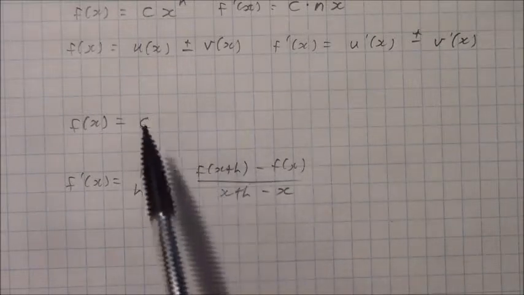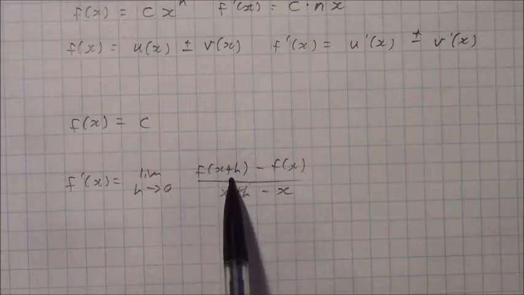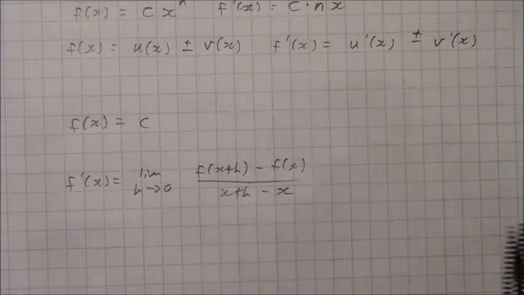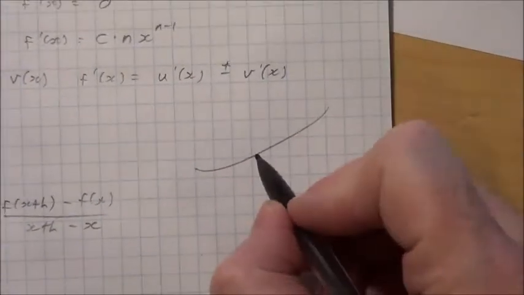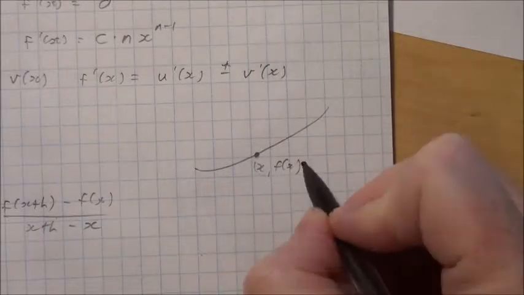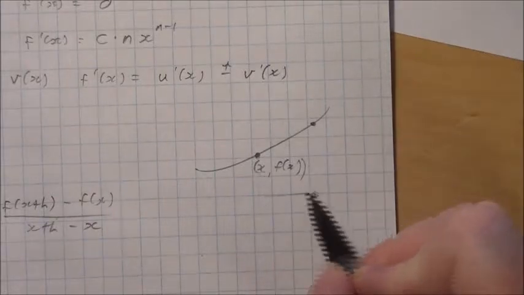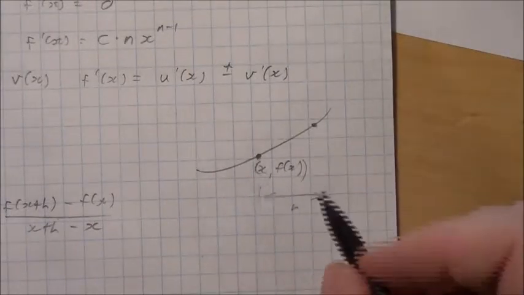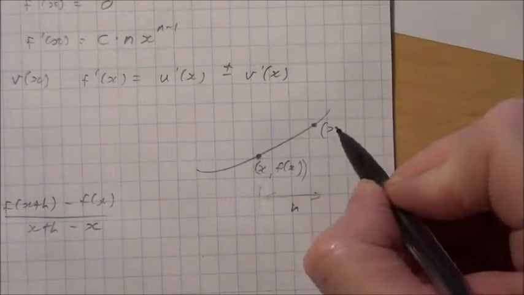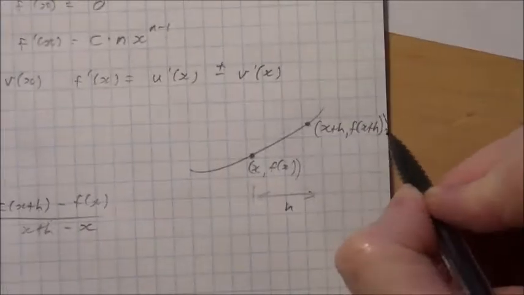And generally when we have our function, in the first function we would replace x with x plus h. Because remember, we're looking at a function that has some point that we're interested in, x, f of x, and then we've got this other point that is some horizontal distance h away from that point. So the coordinates would be x plus h, f of x plus h.